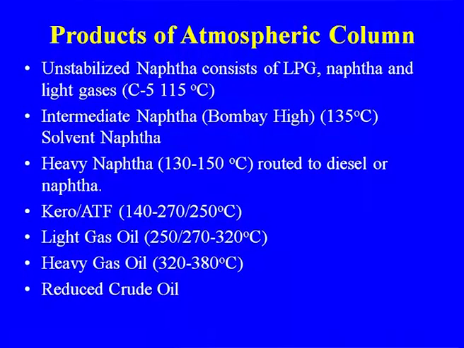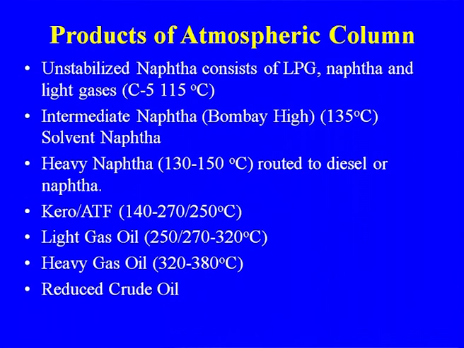So, intermediate naphtha or the solvent naphtha, depending upon, because in different refineries they give different names. Heavy naphtha routed to the diesel or the naphtha, kerosene, aviation turbine fuel.